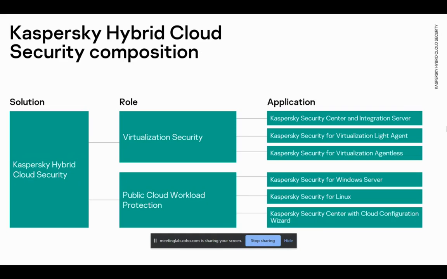Then we have Kaspersky Security for Virtualization, for light agent, for agentless. Then we have KSWS, that is Kaspersky Security for Windows Server. Then we have Kaspersky Security for Linux. Then we also have Kaspersky Security for Cloud, for public clouds.